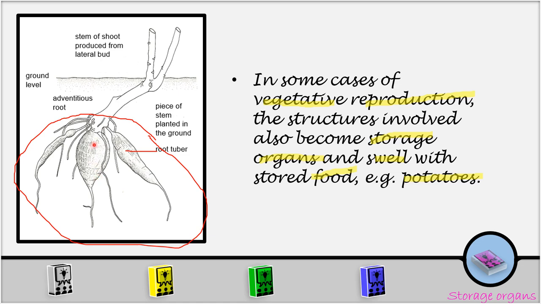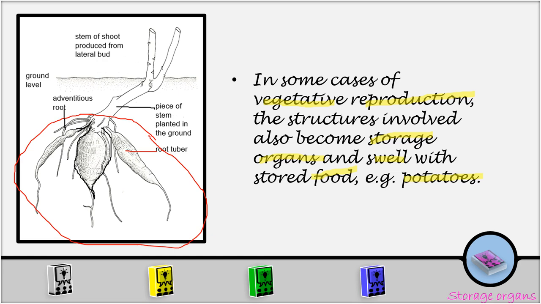So here we have a piece of the stem which was planted underground, and it developed, of course, adventitious roots. But the other parts developed what we are calling the swelling, and this swelling is what we are calling the storage organ.